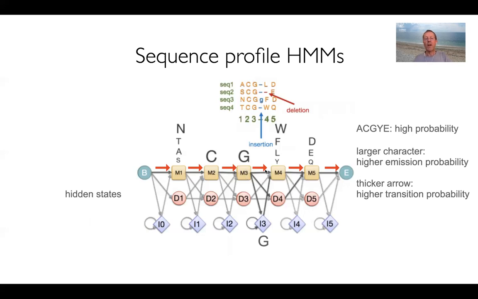Same thing again, high transition probability, reasonably high emission probability for tyrosine, and also for the last step. So if you multiply all these transition probabilities and emission probabilities together, you get the overall probability that the model would emit this particular sequence.